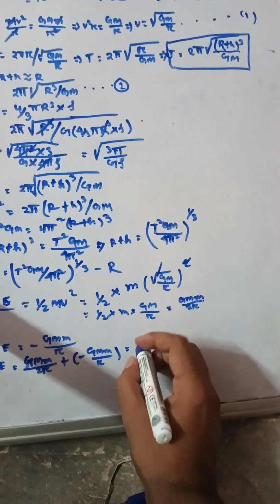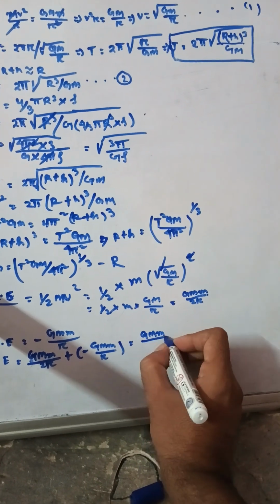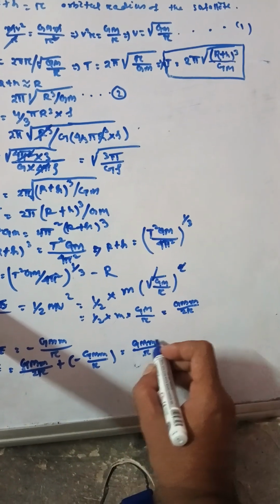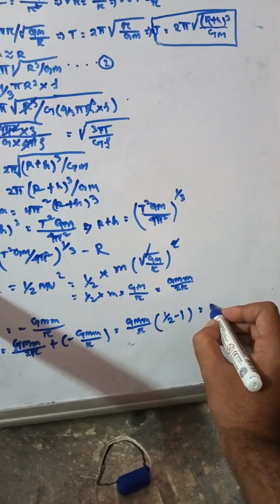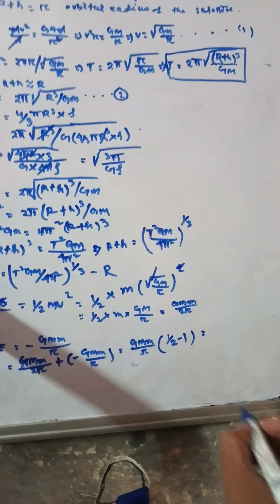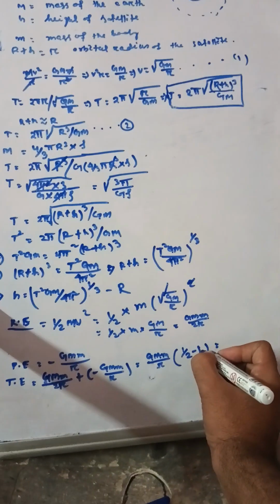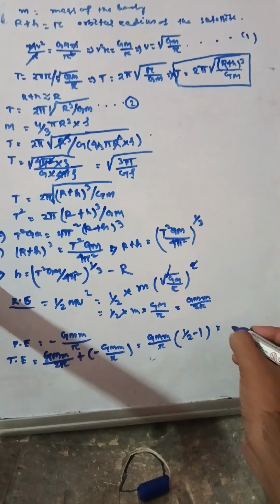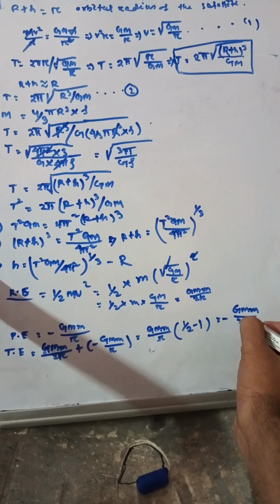So we take GMm common, GMm divided by r into (half minus 1), which is equal to minus GMm by 2r.